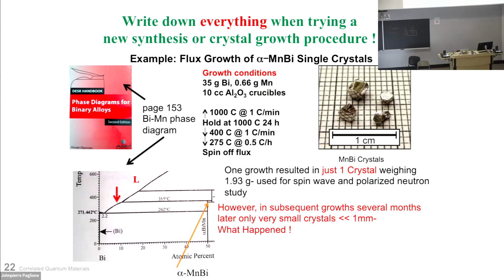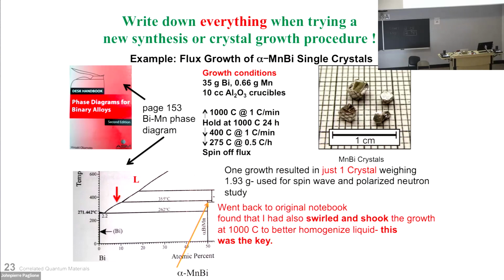So then I went back and looked at the original notebook. What I found was that in this case, I also swirled and shook the growth at 1,000 degrees C. So basically I had gloves on and a long set of metal grips, which you had to use to grip the growth and just shake it.